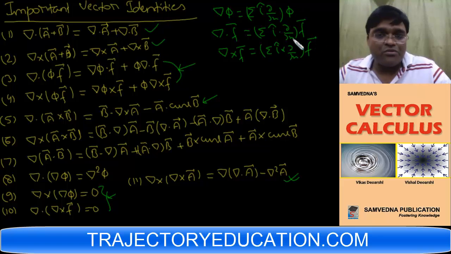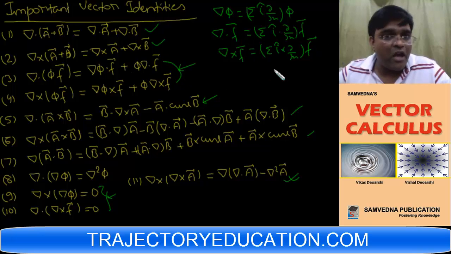I advise you to solve using these definitions itself, because many times you won't be able to remember these identities, they are very big. So you must practice solving all the problems of this chapter using these definitions only, and I'll tell you how. It will take time to learn, but once you learn it, it will be very helpful.